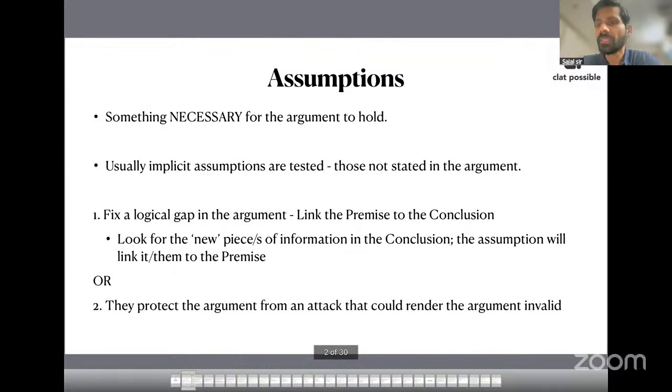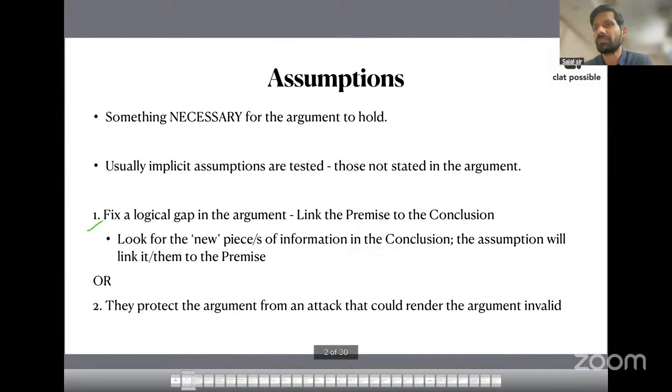Okay. So these assumptions can appear in two forms. One, something that links the premise to the conclusion, right? Fixes a certain logical gap in the argument. So the premise statement is talking about something. The conclusion has some new information.